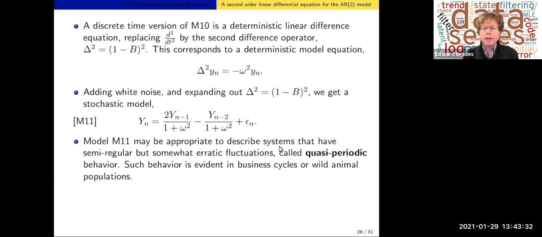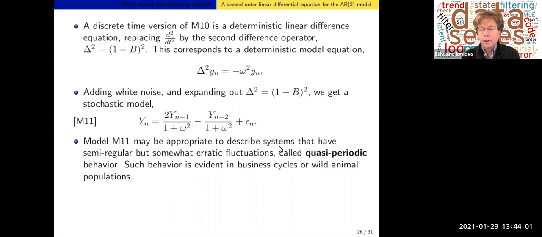So now we've looked at that differential equation. We want to look at the relationship between that and a difference equation. If we replace the second order differential operator by a second order difference operator, we get delta squared is 1 minus B squared.